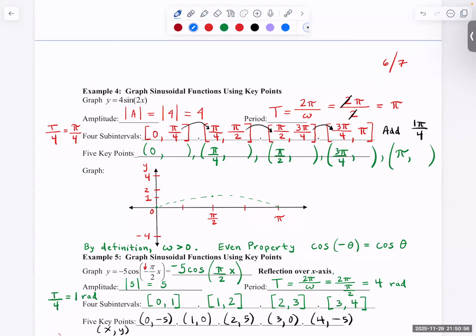So the first point will be the origin, 0, 0, so we have a common point. Now at pi over 4, due to the vertical stretching, the coefficient A is 4 and the amplitude is 4, we're going to have a local max at pi over 4, comma 4.